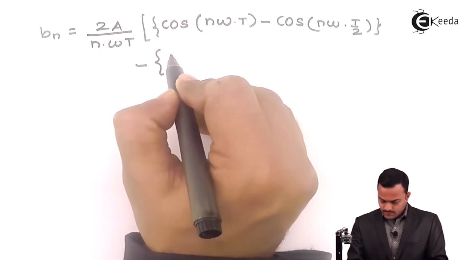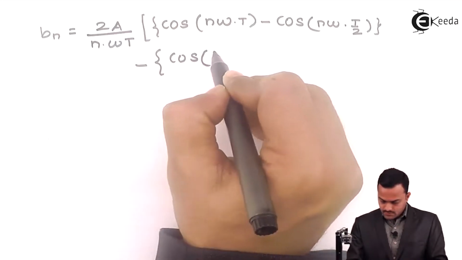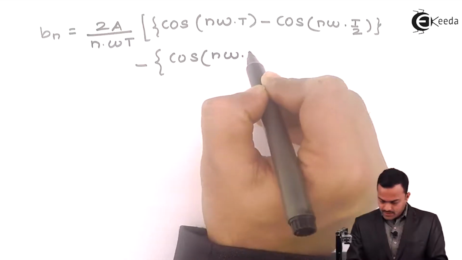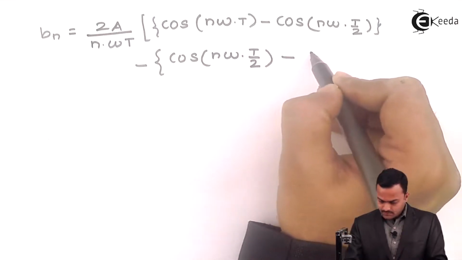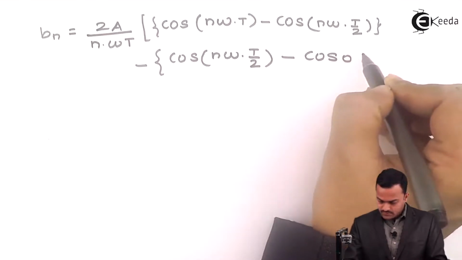minus cos n omega capital T by 2 minus cos 0.